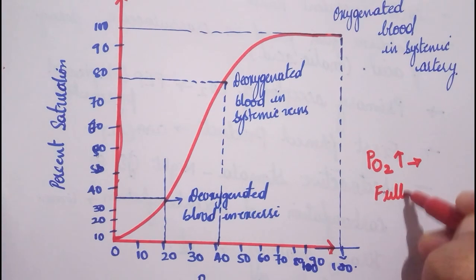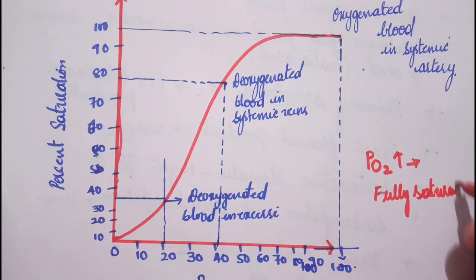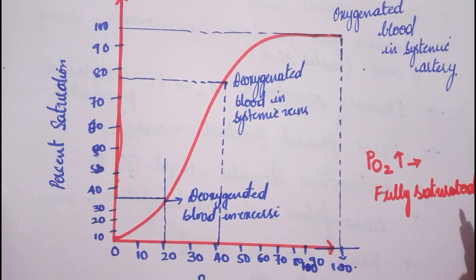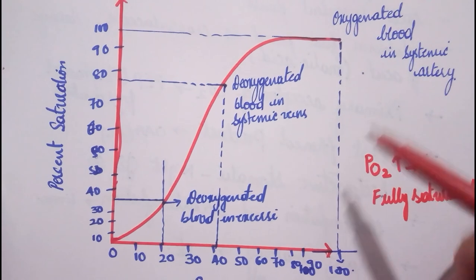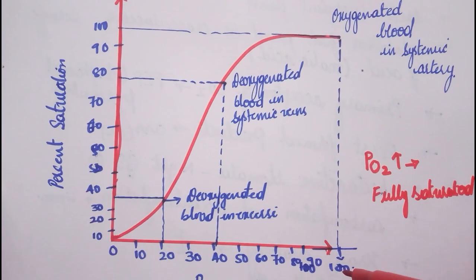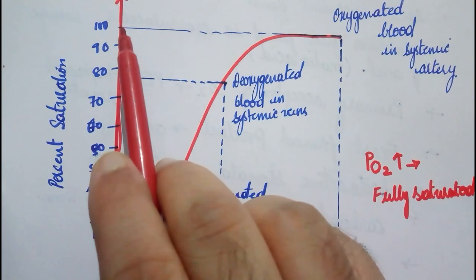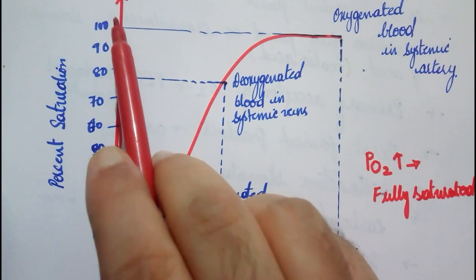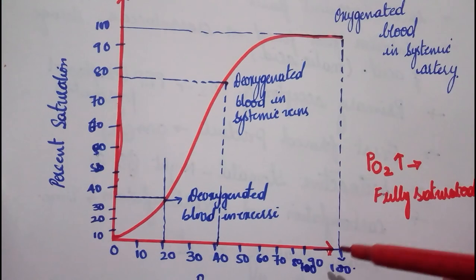It means hemoglobin is fully saturated with oxygen. So at the highest partial pressure, that is at 100 millimeters of mercury, you see the curve here, it is fully saturated, that is 100% saturated.